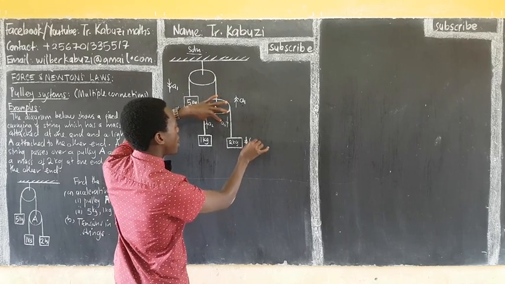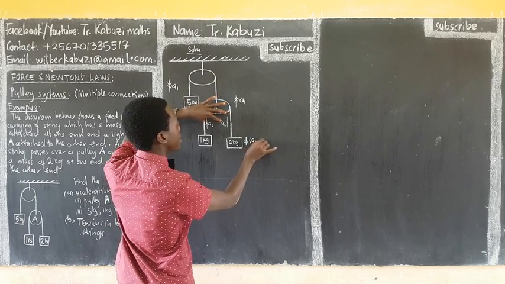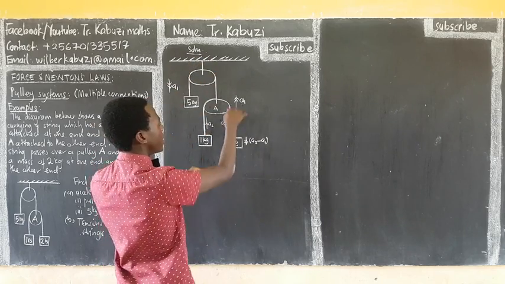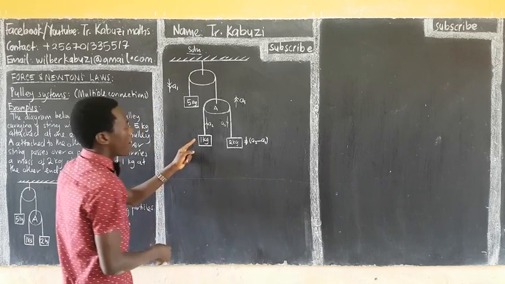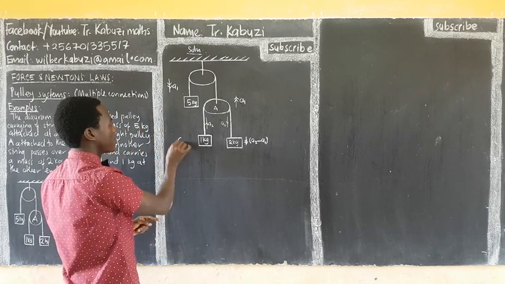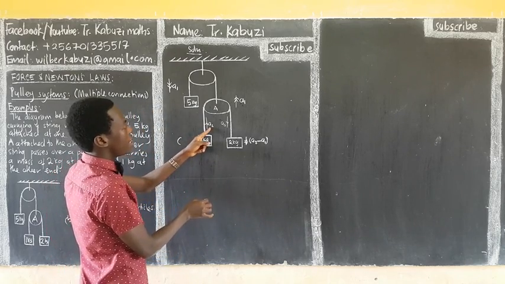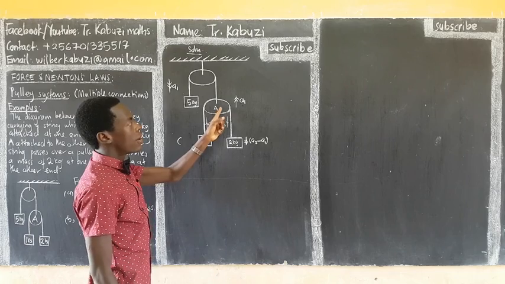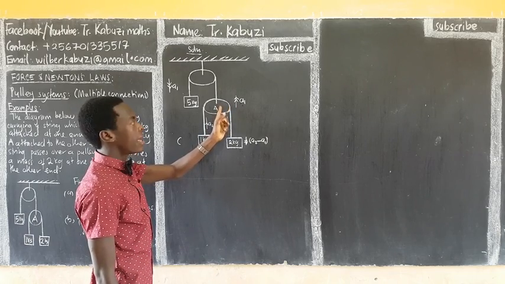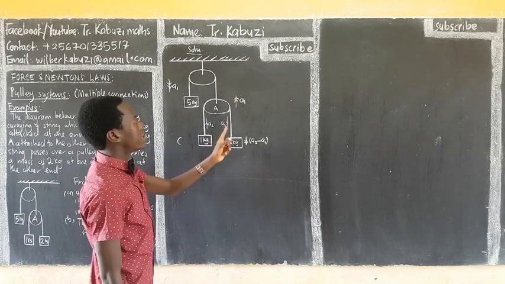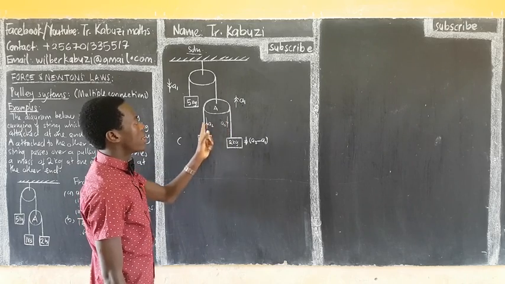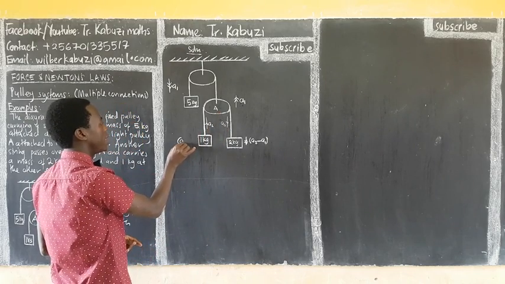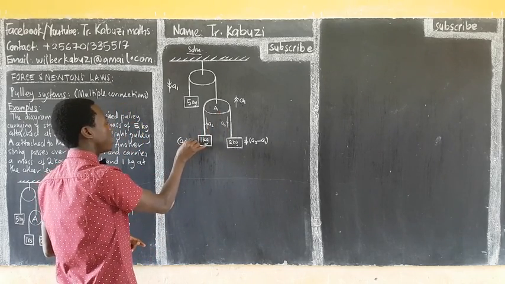So we get A2 minus A1. Yet for this other one, the overall acceleration is going this way, based on the direction of the acceleration of the pulley which is carrying them. It's going upwards, so this will be A1 plus A2. So this one is going to be A2 plus A1.